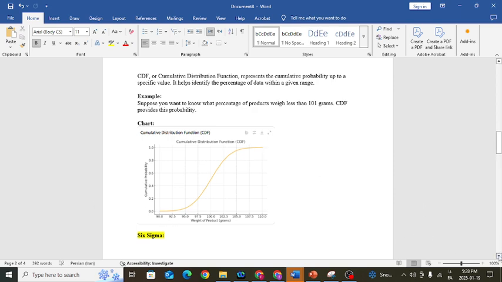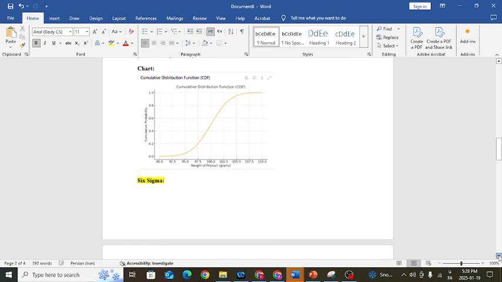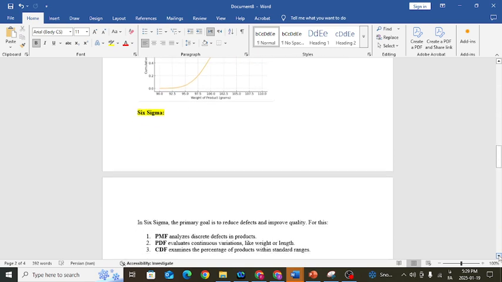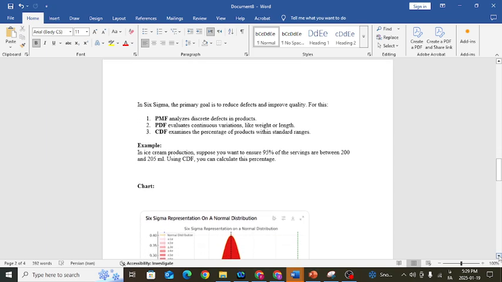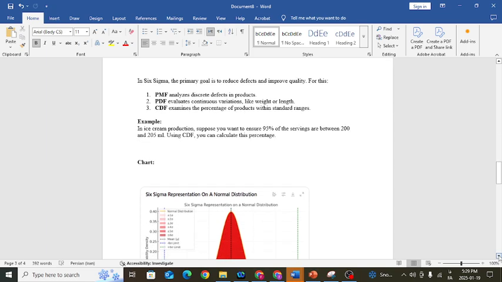So the last one is about the Six Sigma. We had a conversation about Six Sigma in the previous session. In Six Sigma, the primary goal is to reduce defects and improve quality. For this, PMF, PDF, and CDF: PMF, as I told you, is the probability mass function that analyzes discrete defects in products.